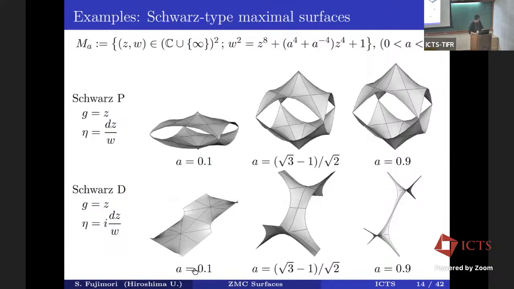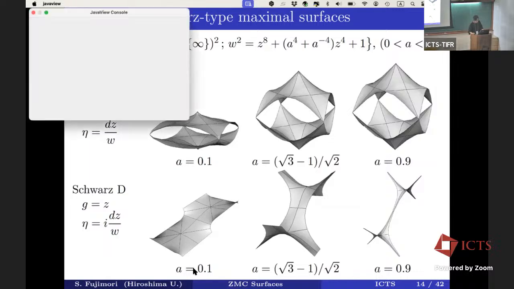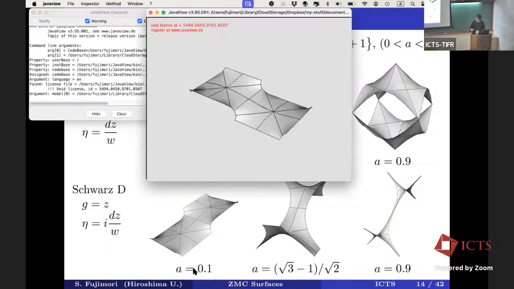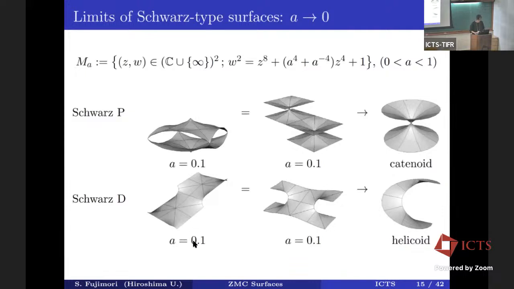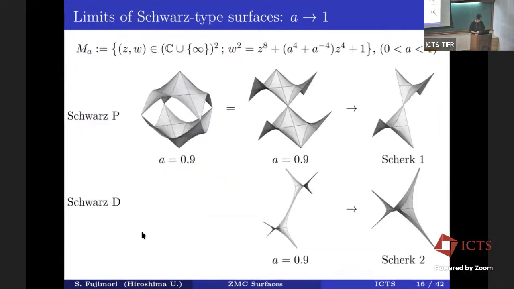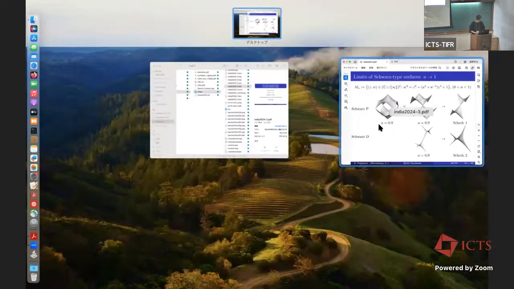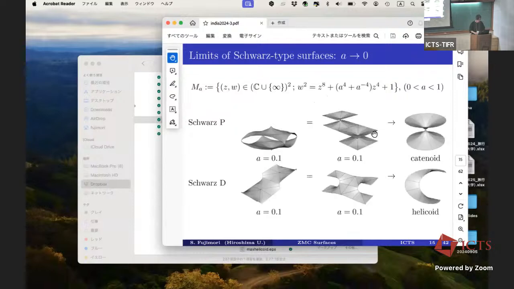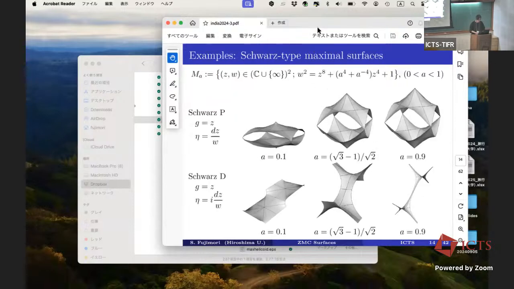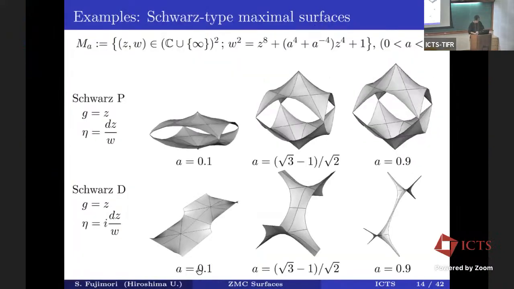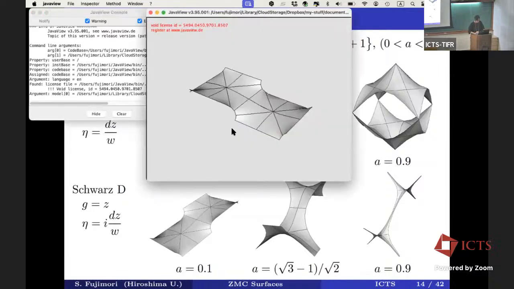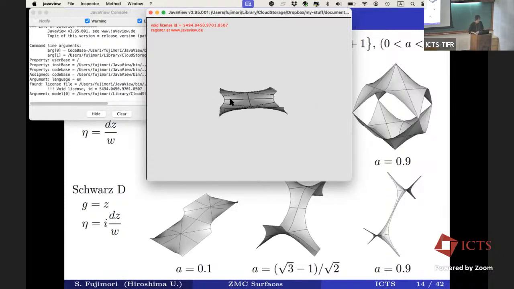And when A is close to 0, the surface looks more like horizontal planes.